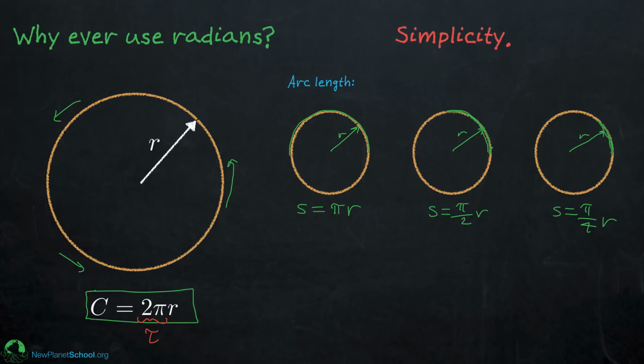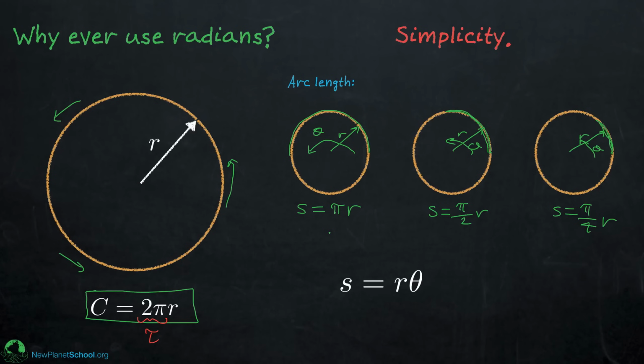And of course, halfway around is half the angle. And so this prefactor is in fact related to the angle that I went through. This is half of that. So it suggests that I might be able to write a formula that looks like this for the arc length.